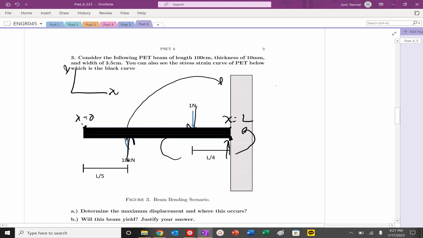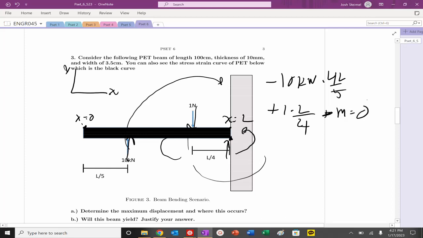That will be clockwise, so it's negative: minus 10 kilonewtons times the distance, which is 4L/5 from here to here. And then this will go counterclockwise: plus 1 times L/4 right there. And then I assume we have to go against it, so it's minus my moment here, set equal to 0.